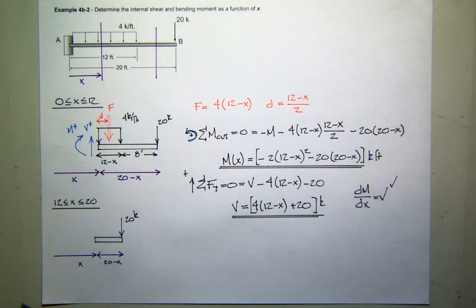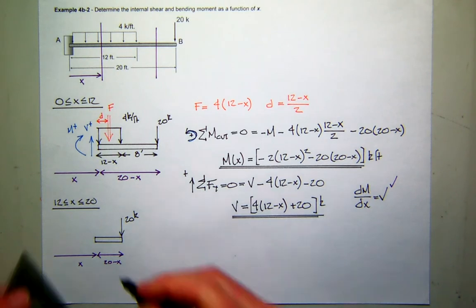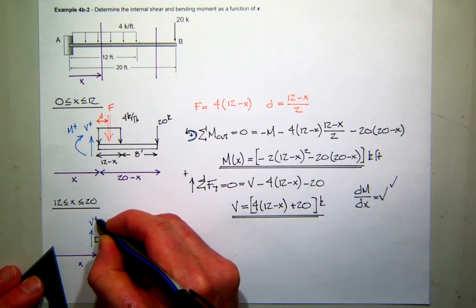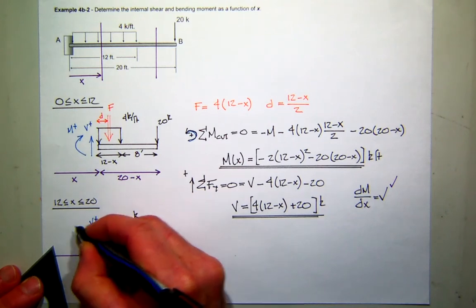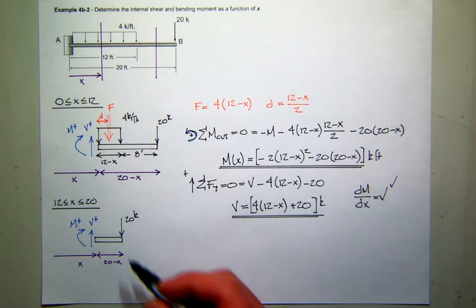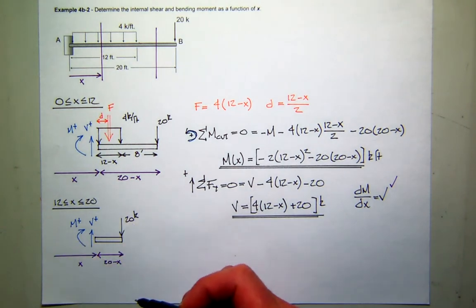Then the only things left on our free body diagram would be the internal value for our shear, that's positive, and our moment. So all we do is apply equilibrium to this free body and we'll be good to go.